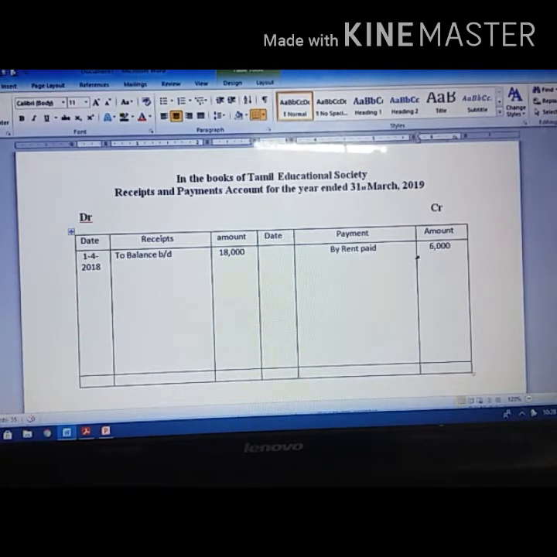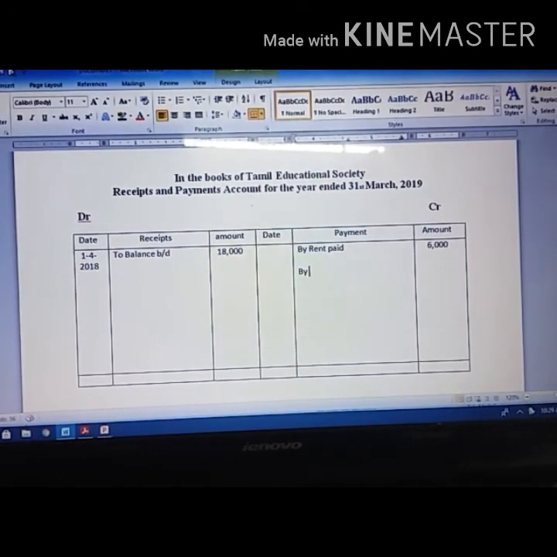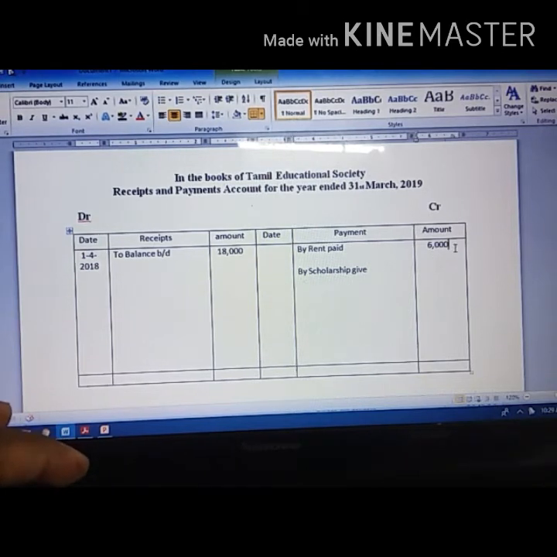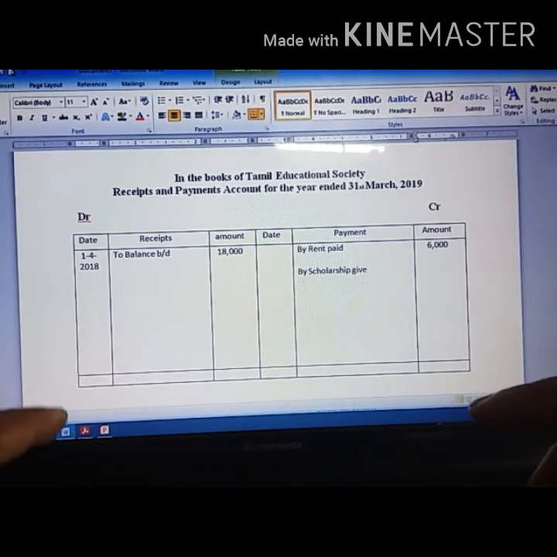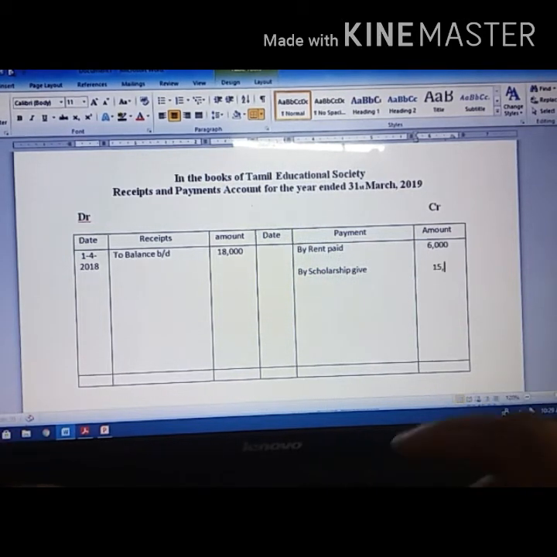Scholarship given is a payment, so By scholarship given, you have to write on the credit side. What is the amount? The amount is 15,200. So 15,200 scholarship given.